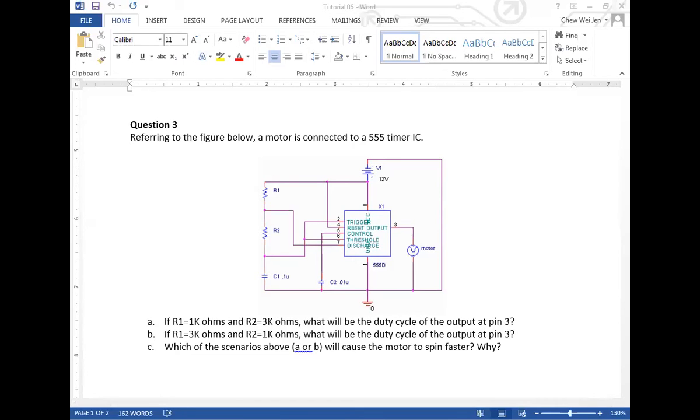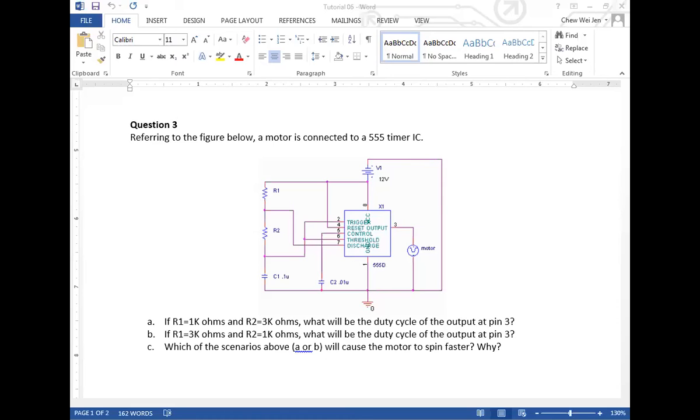B. Why B? Okay, so 80% means what? Correct. So what happened to the motor when it's high? It's spinning.